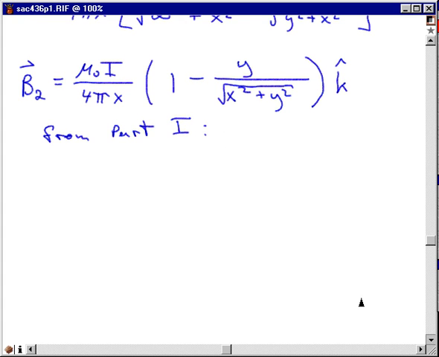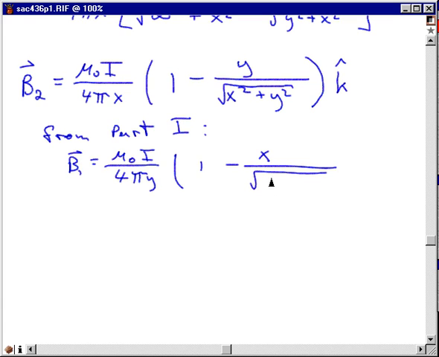we had B1 is equal to mu 0 I over 4 pi y times 1 minus, I'm going from memory, let me take a look. Yeah, it was x over square root of x squared plus y squared, all times k.